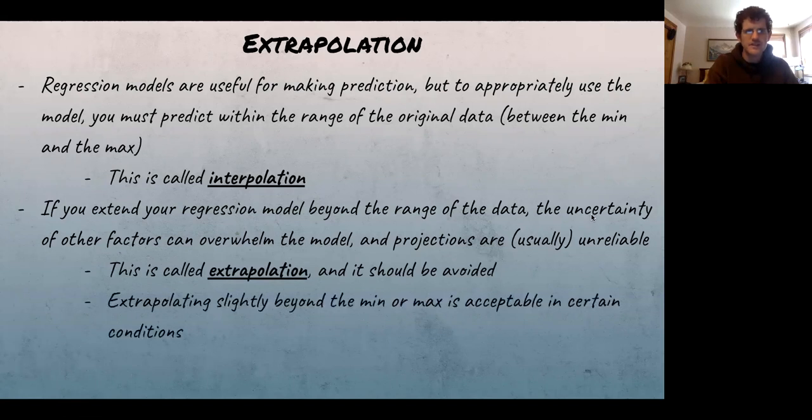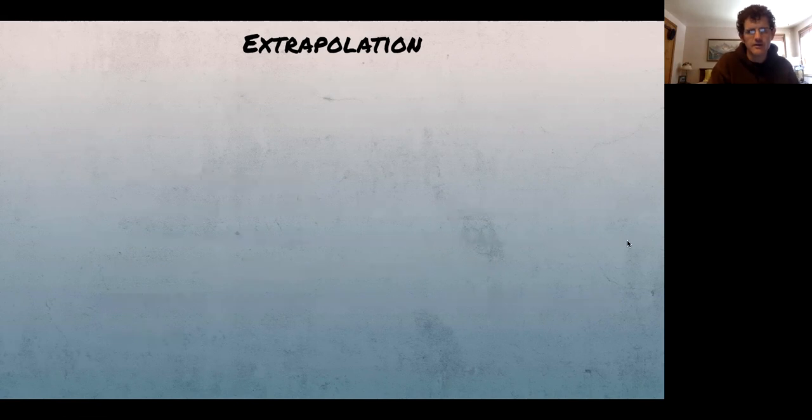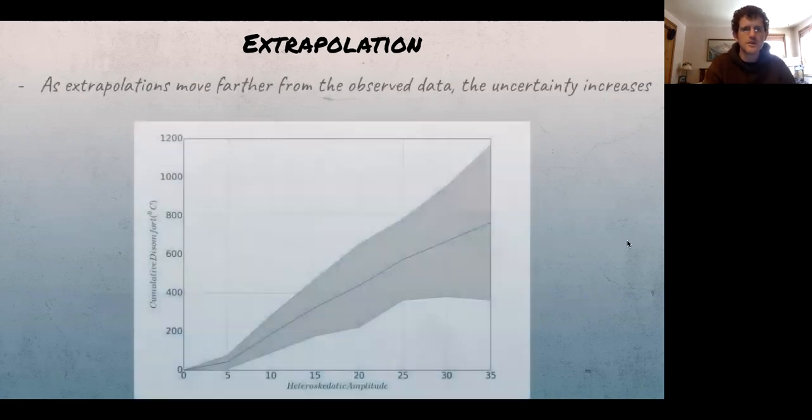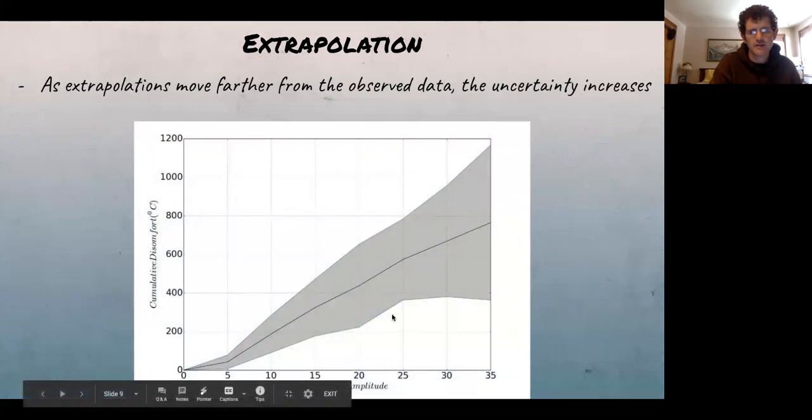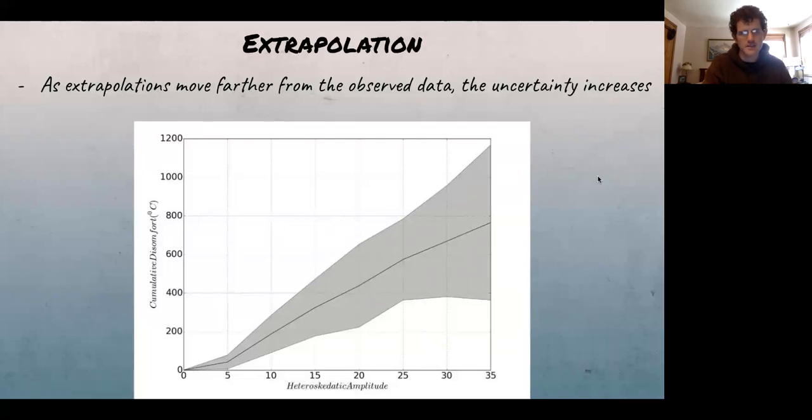Now, if you only go slightly beyond the min or the max, if you went from 1 to 100 and tried to guess what 105 was going to be, that's not the end of the world. But if you went 1 to 100 and tried to estimate what 1000 was going to be, that would not be very appropriate. So you can see this right here, heteroscedastic is a fancy word that says the variance around this doesn't stay the same.